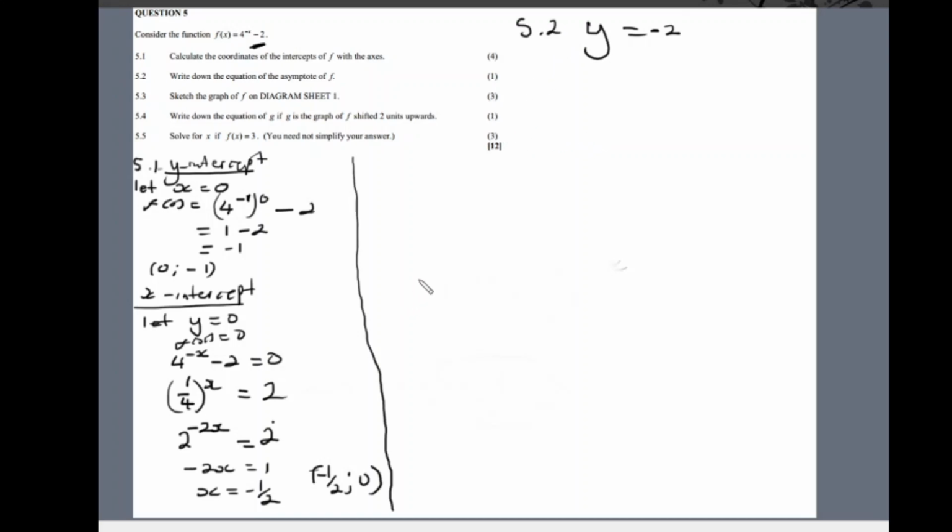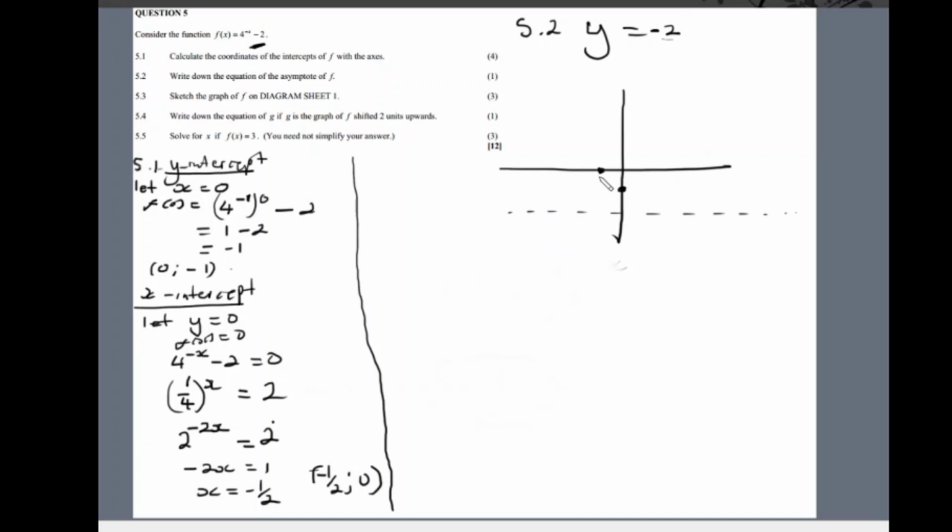And then 5.3, they want us to sketch the graph of f, right? So to sketch the graph of f, we'll have our Cartesian plane, and then we will plot our 2 points, the x and y-intercept. I know the y-intercept is 0, -1, that is somewhere there, and then the x-intercept is -1/2, 0, that is somewhere there, and then the equation of the asymptote is y equals to -2, so I know my asymptote will be somewhere there, right?